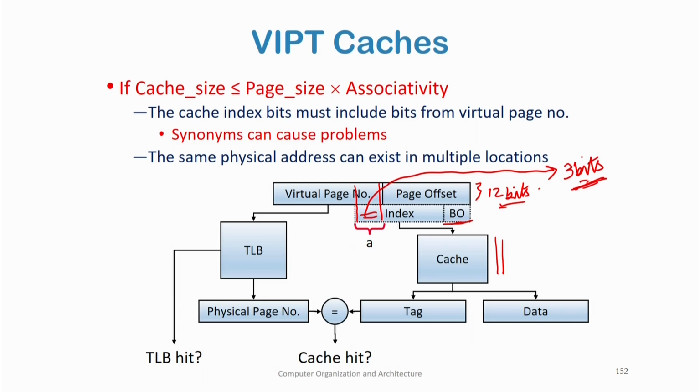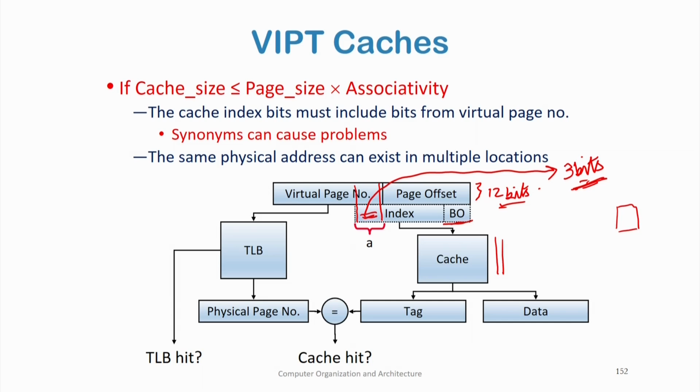Now, a particular block in physical memory can sit in multiple locations in the cache. Why? Because these 3 bits will now depend on what the virtual address says.